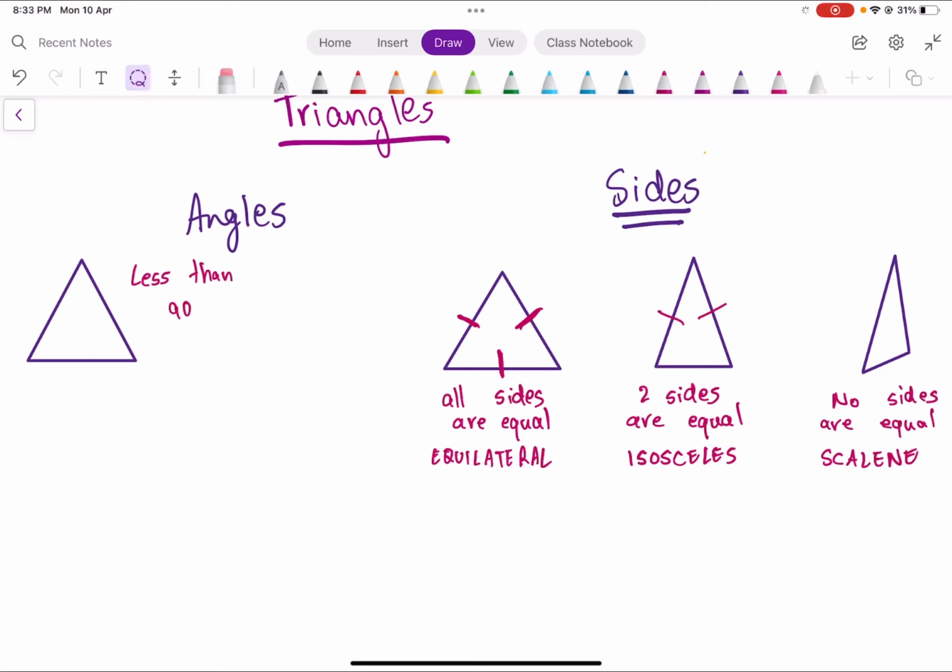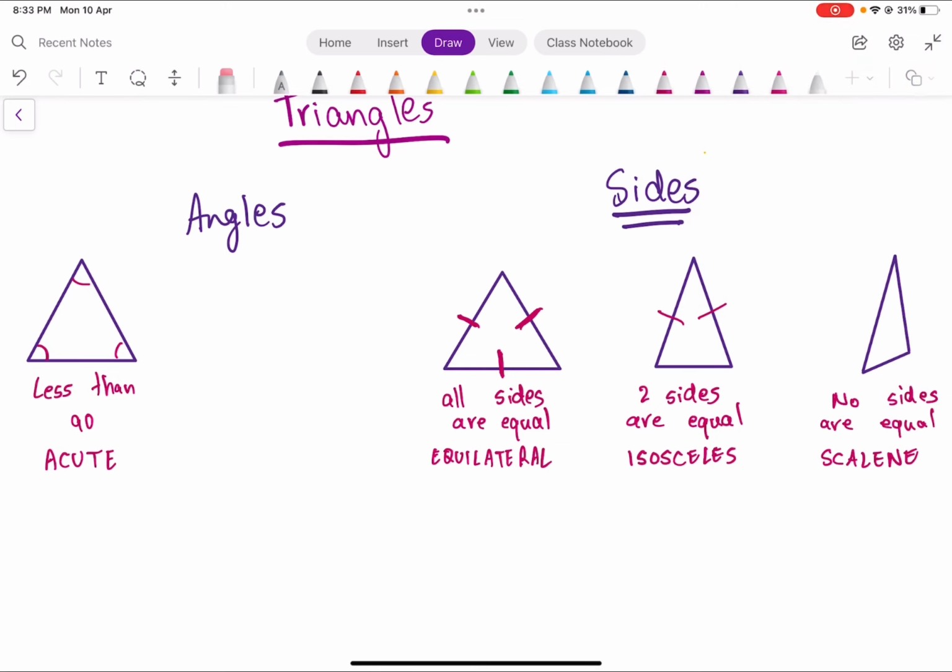I should probably write that below. So all angles are less than 90. So this type of triangle is called an acute triangle.